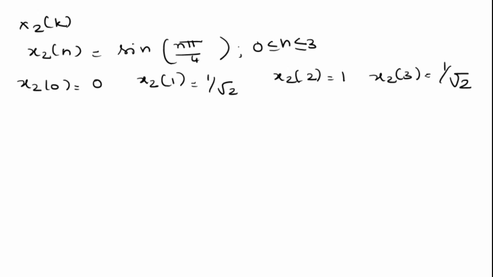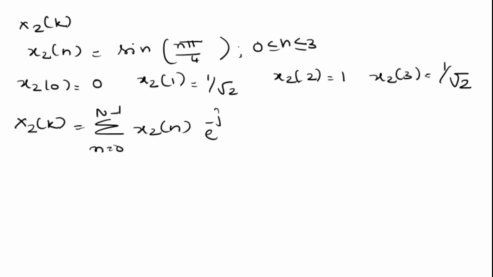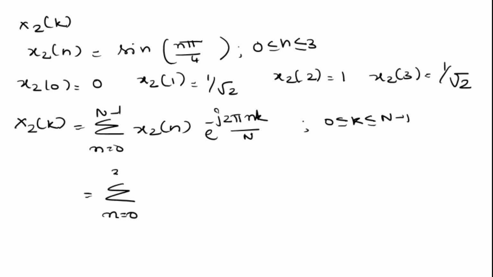Then x2 of k is equal to summation n is equal to 0 to N minus 1 x2 of n into e power minus j 2 pi nk by N, where k varies between 0 to N minus 1, which is equal to summation n is equal to 0 to 3 x2 of n e power minus j pi nk by 2, where k varies between 0 to 3.